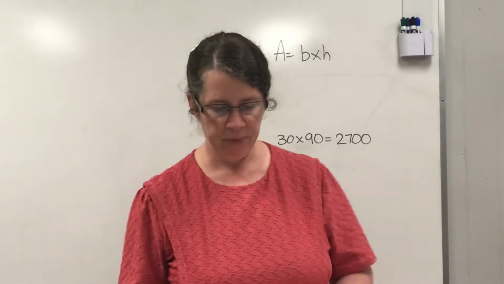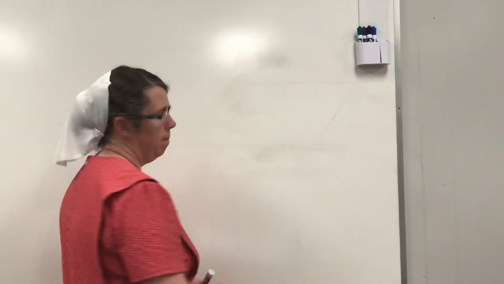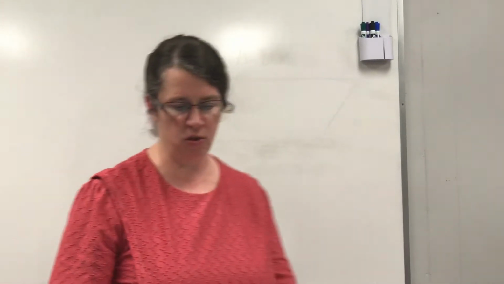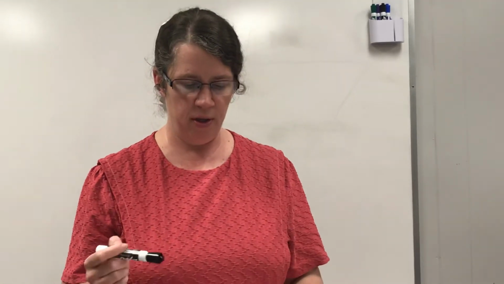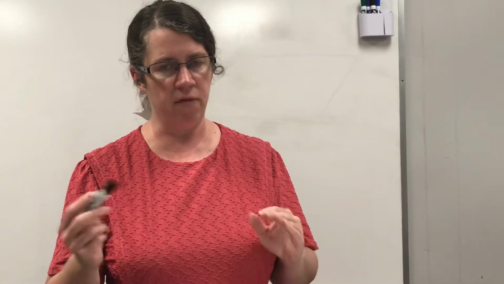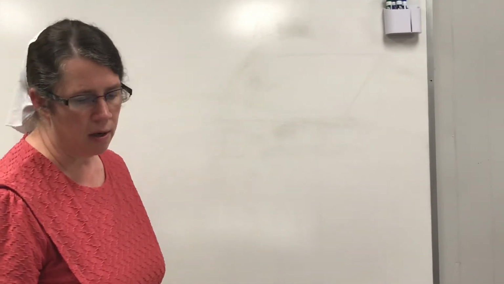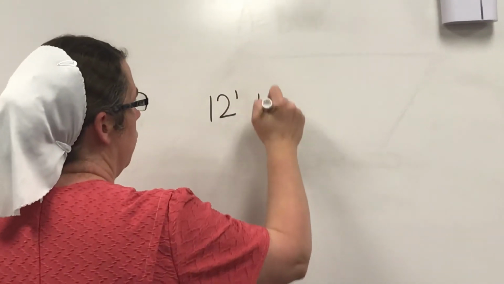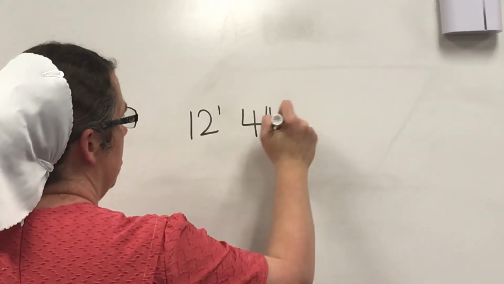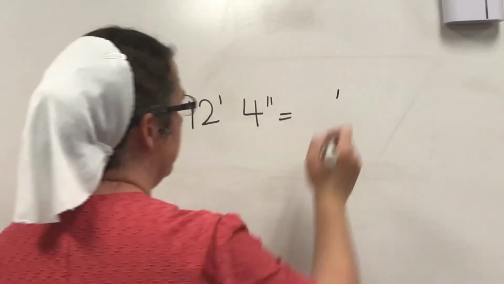A little bit of a review. A couple of you had some corrections on this, the new part that you learned yesterday where you're converting measures. So like the first one, you have 12 feet, 4 inches equals, and they want you to convert it to feet.